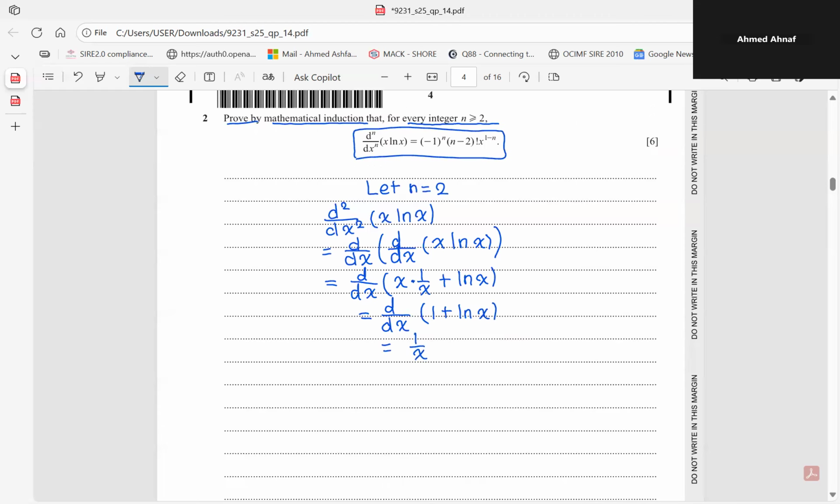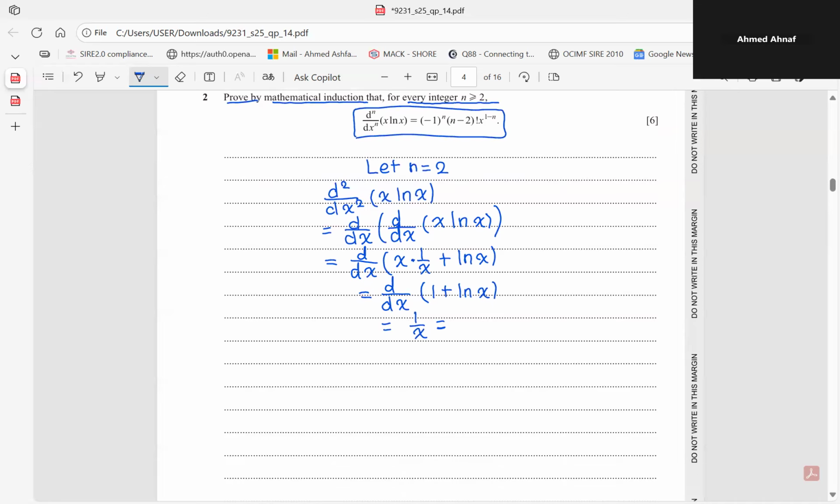And now we're going to have to prove that this is also equal to the right-hand side, okay? So this is also the same as minus 1 to the power of 2, that's 1. Then n minus 2, that is 2 minus 2 factorial, so that just gives you 0 factorial, times x to the power of 1 minus 2, which is to the power of minus 1.